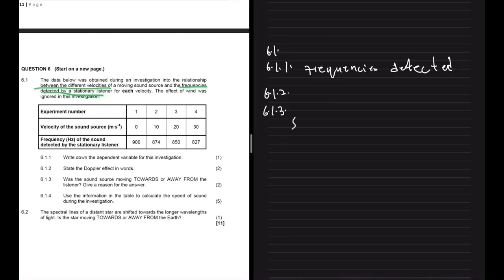Okay, let's stick to the equation. FL equals Fs multiplied by (V plus or minus VL) divided by (V plus or minus Vs).